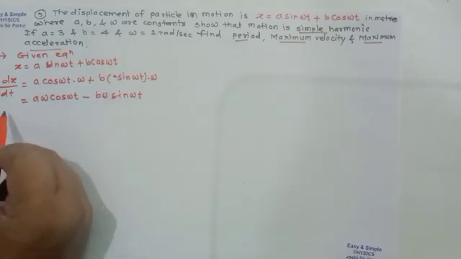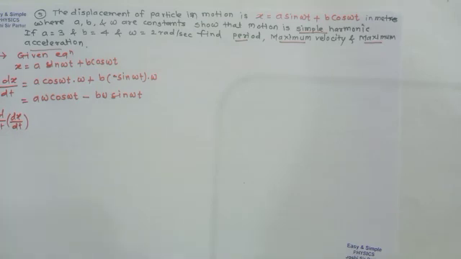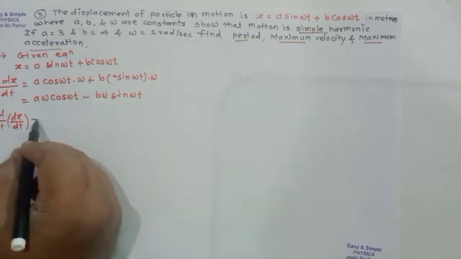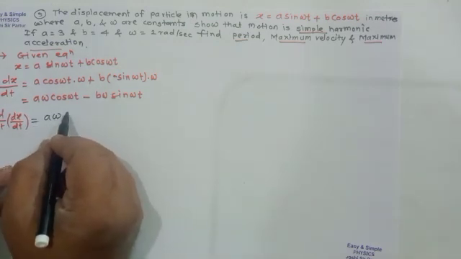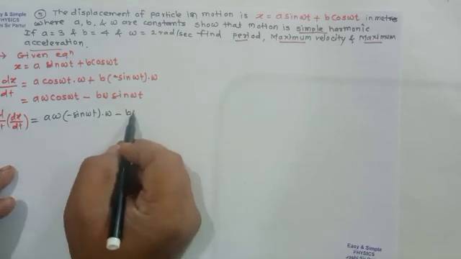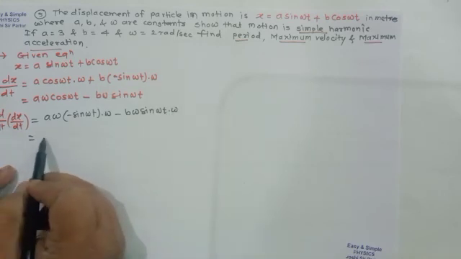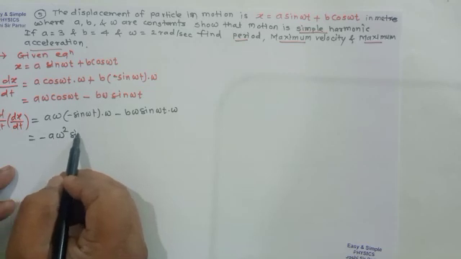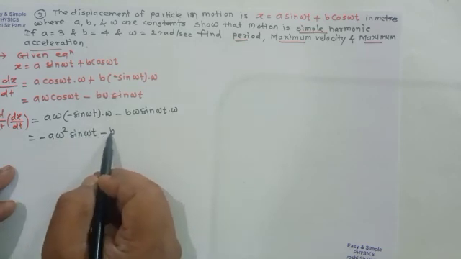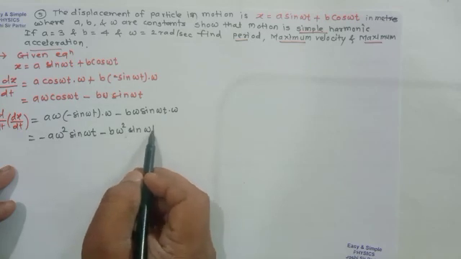Again, if we take the derivative with respect to time, d2x upon dt square will be a omega minus sin omega t into omega, minus b omega sin omega t into omega. It will be minus a omega square sin omega t minus b omega square cos omega t.